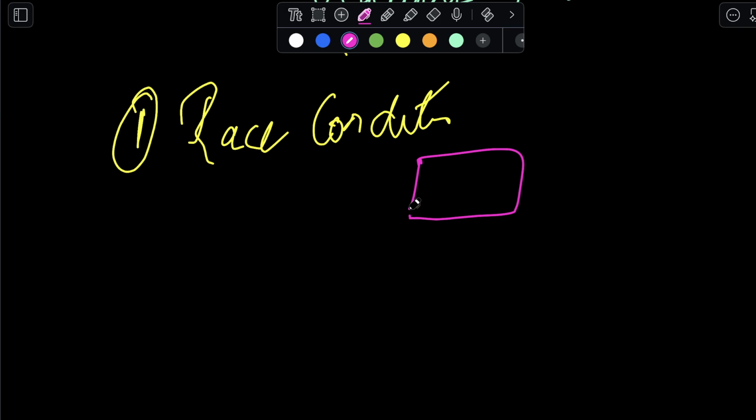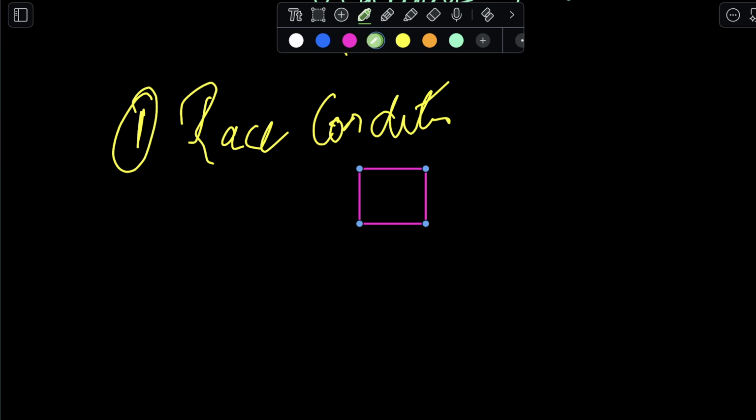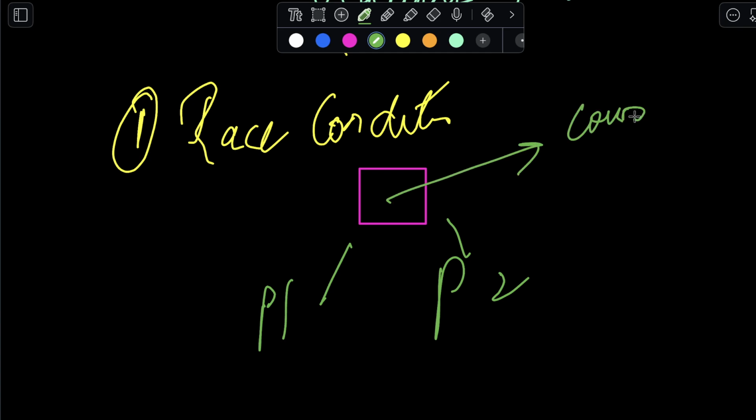So I have this shared resource. Now this is accessed by both P1 and P2, right? So both are writing. Suppose this is a counter. Say I have a counter, and the initial value is 1.